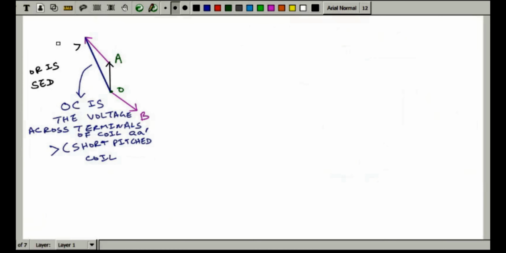So this point is your C, as you have seen earlier. Now I draw it once more separately.